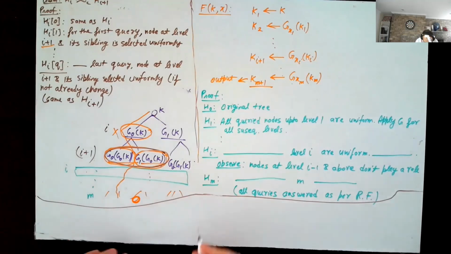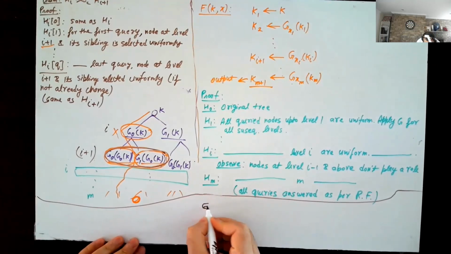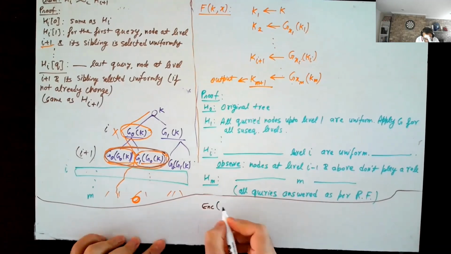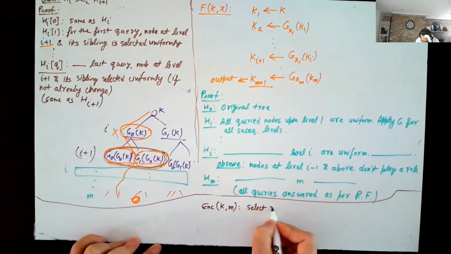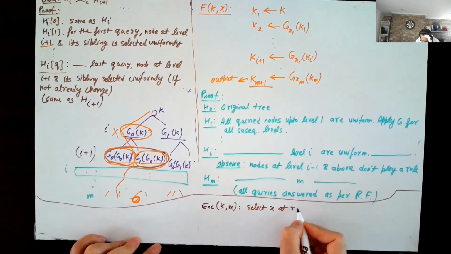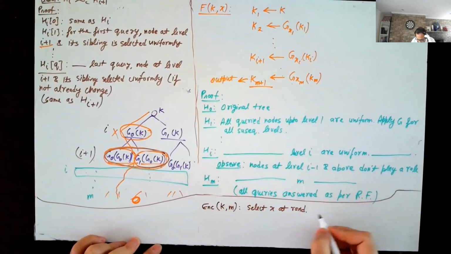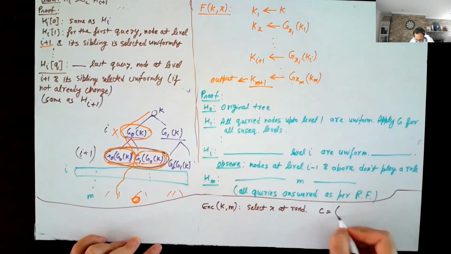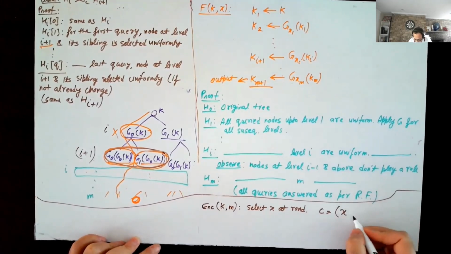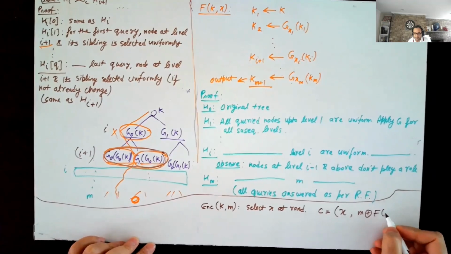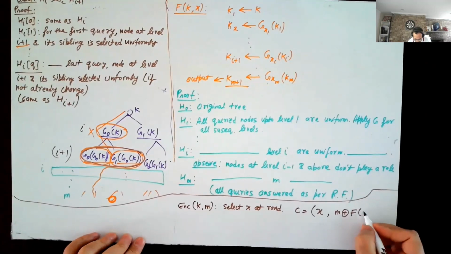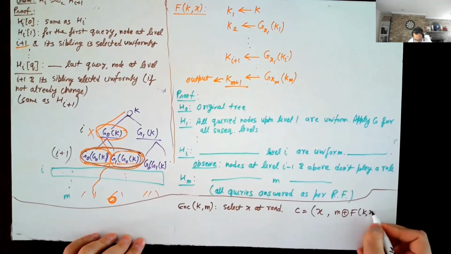Okay, so encryption, what does it look like? Given M and K, select x at random. And now your ciphertext contains x in the clear, and it contains the message and the PRF output F(K, x).